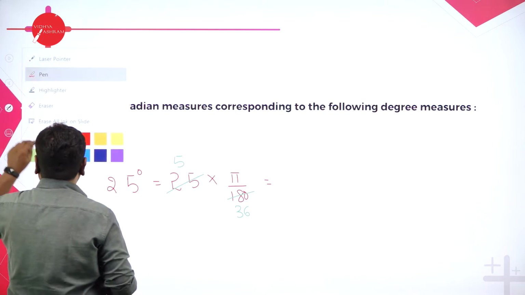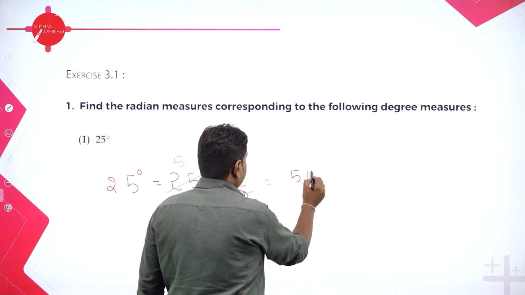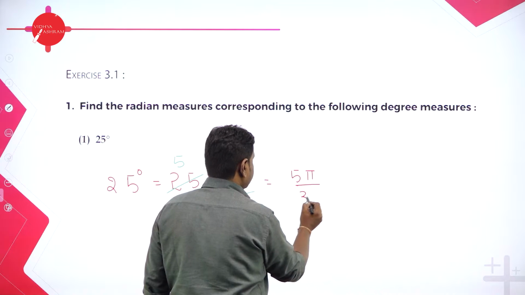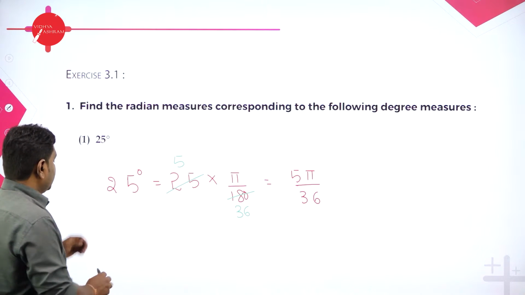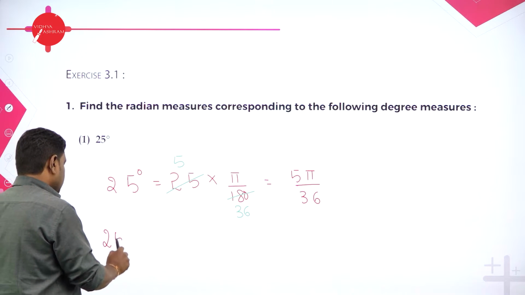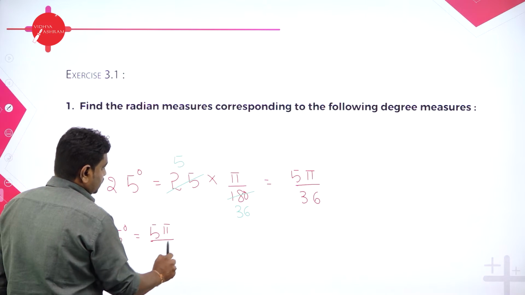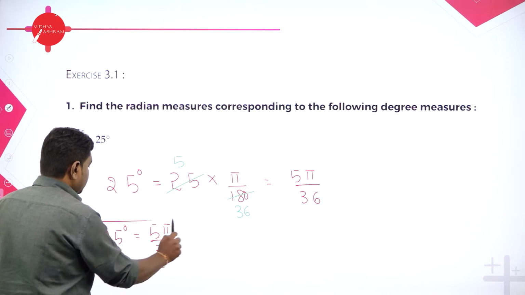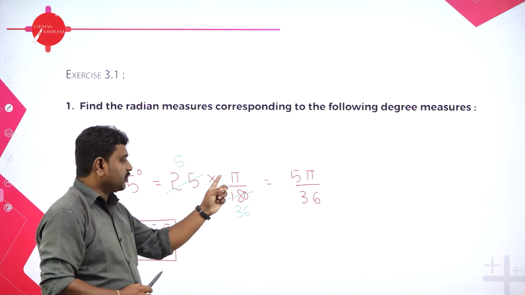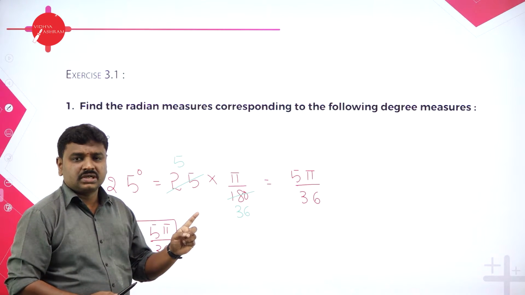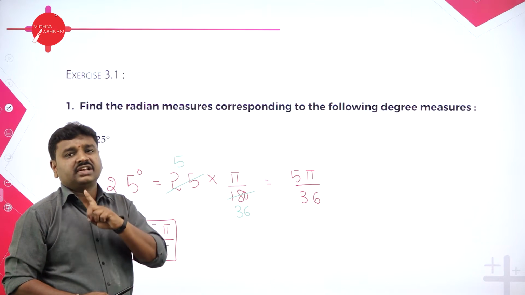So after you divide, finally you will have 5 pi by 36 radians. So 25 degrees is exactly 5 pi by 36. How we converted this? Simple. If you want to convert degree to radian, multiply pi by 180. Why? Because pi radians is 180 degrees.